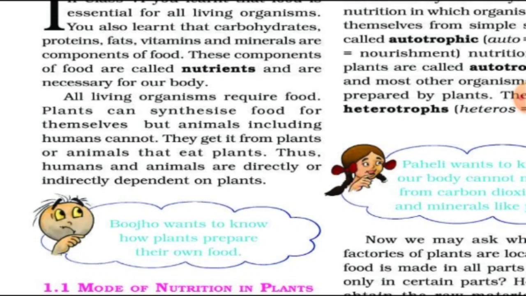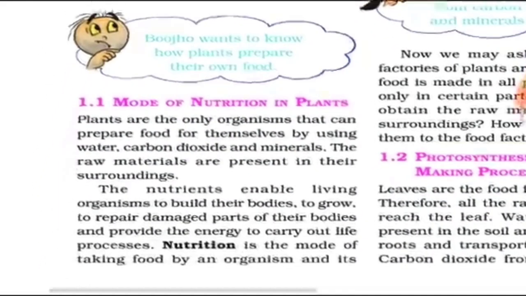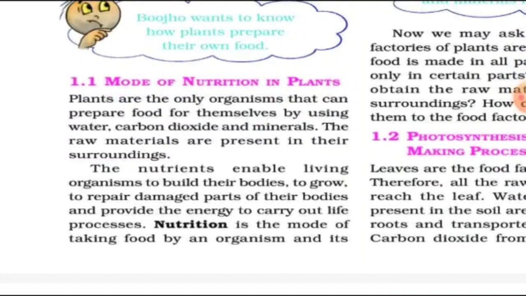So now Bojo wants to know how plants prepare their own food. The subtopic for today: mode of nutrition in plants. Plants are the only organisms that can prepare their food by themselves. What do they use? They use water, carbon dioxide and minerals. These are found in the surroundings and are the raw materials required for photosynthesis.